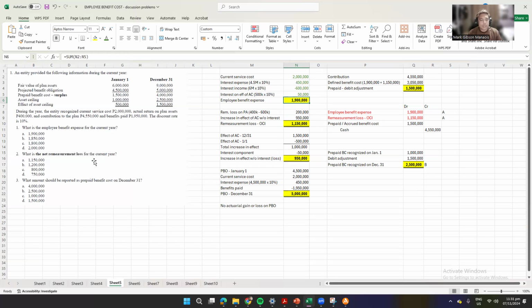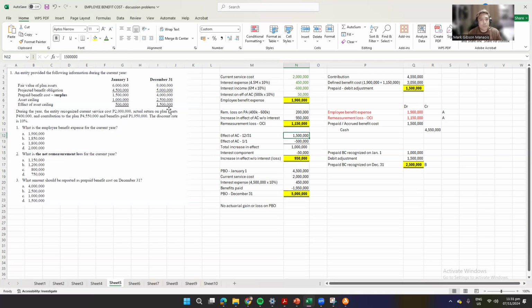Next, let's look at the net remeasurement loss. Okay. So bago yan, let's look at the increase in effect of the asset ceiling without interest muna. So how much is the effect of the asset ceiling at year end, no?